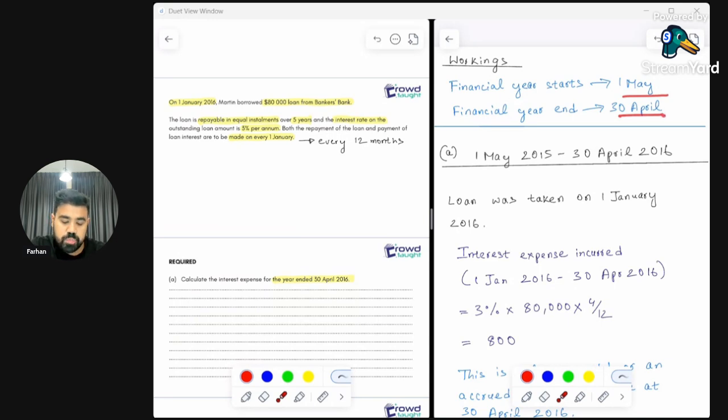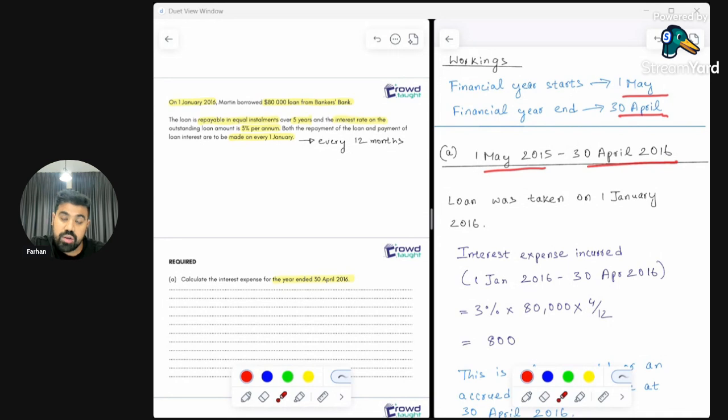Which means if we are to calculate interest expense for the year ended 30 April 2016, the financial year would have started on 1 May 2015 and ended on 30 April 2016.